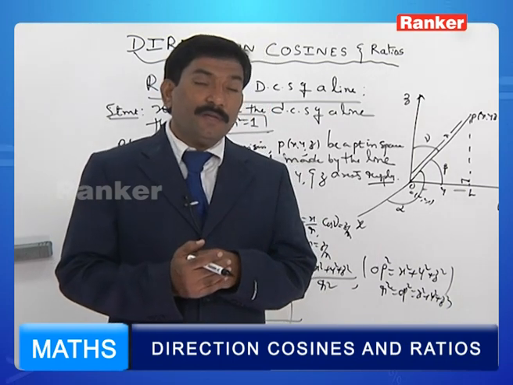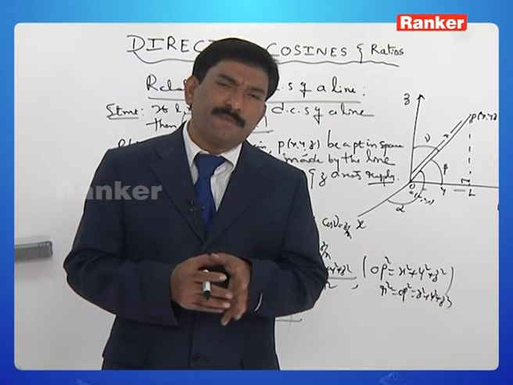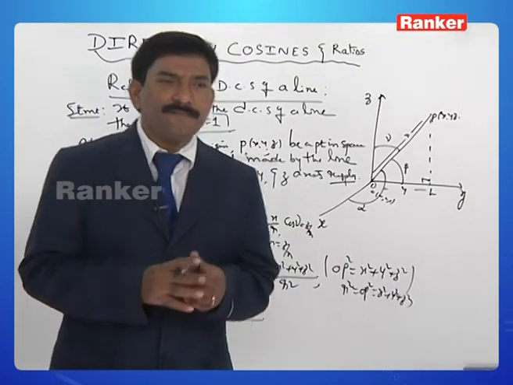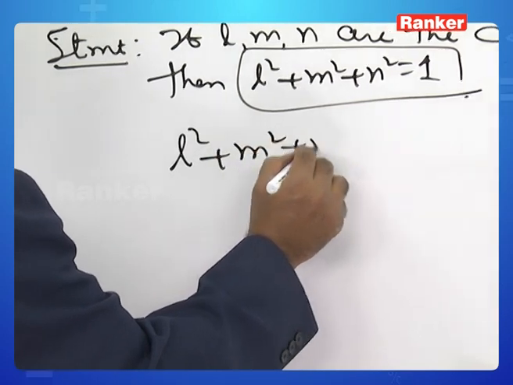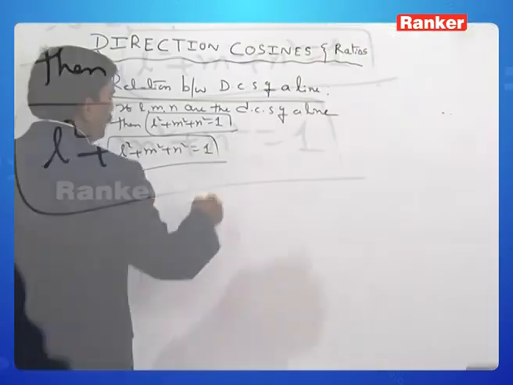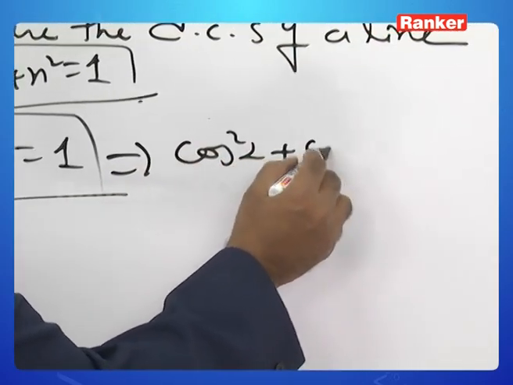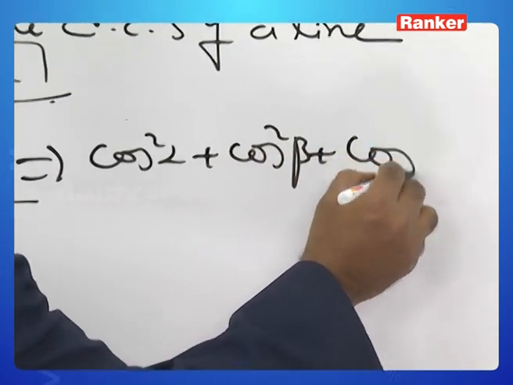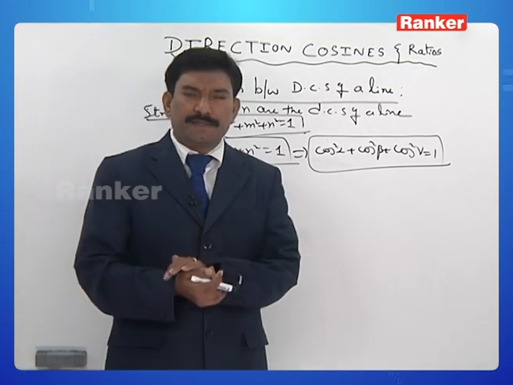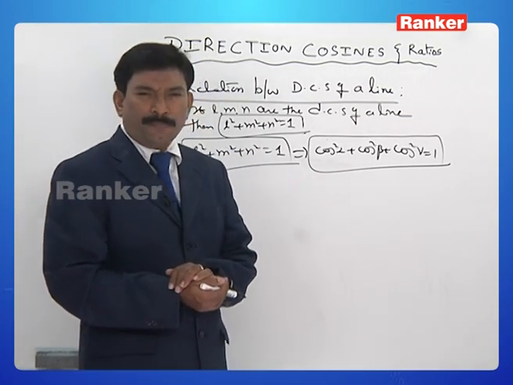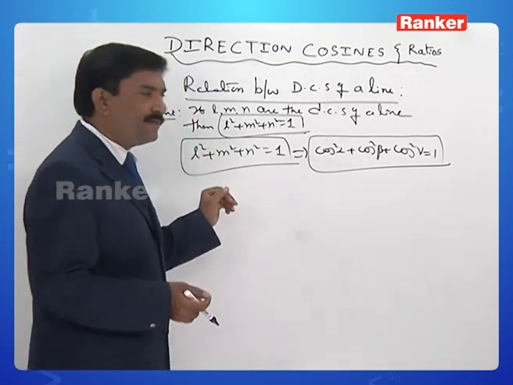Followed? Now when you know the cos square alpha, we can also express it in terms of sin alpha. We can also express it in terms of cos 2 alpha. Let us see. Now we have proved l square plus m square plus n square is equal to 1. I can write this as cos square alpha plus cos square beta plus cos square gamma is equal to 1, right? Now, l is cos alpha, m is cos beta, n is cos gamma.